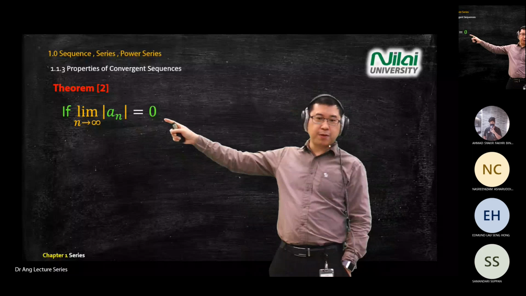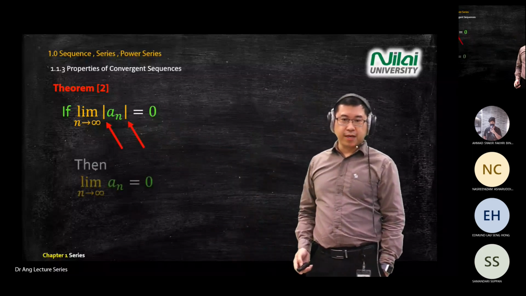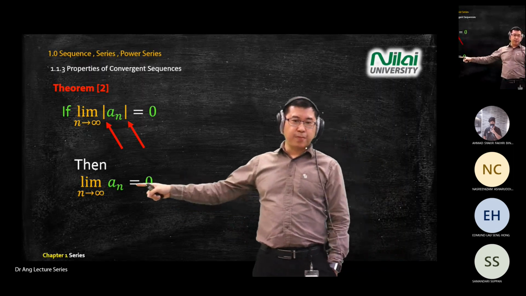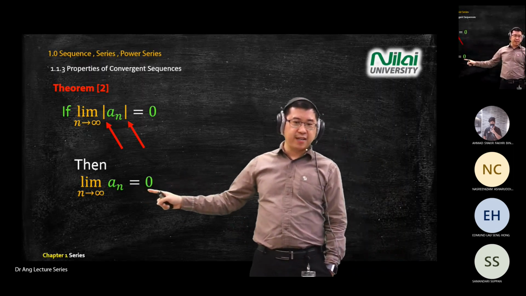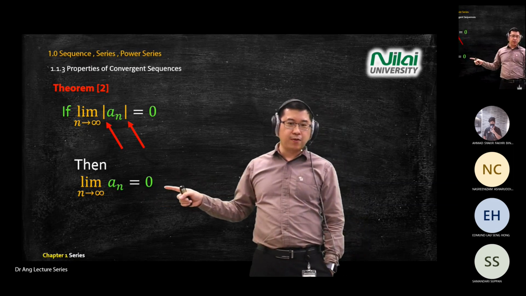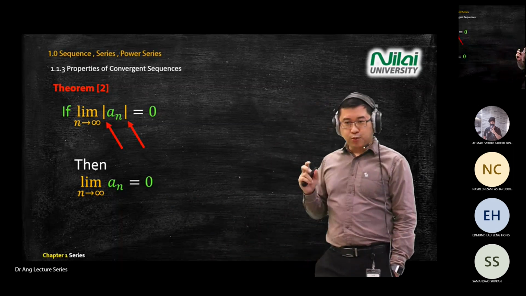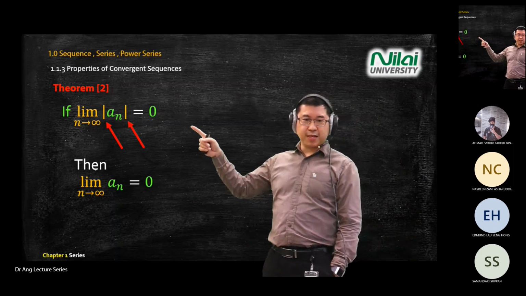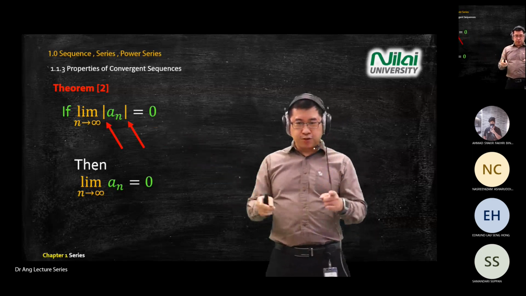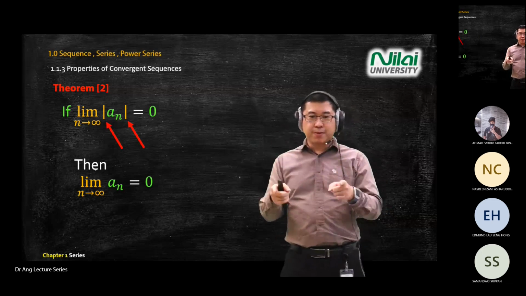If your data is always positive and the limit is equal to 0, then no matter how you increase n, even until infinity, the data will always give you 0. Try to digest a little bit. What does this mathematics mean to you? If the set of data has a goalpost, the 2 straight lines, it means that the data is always positive.